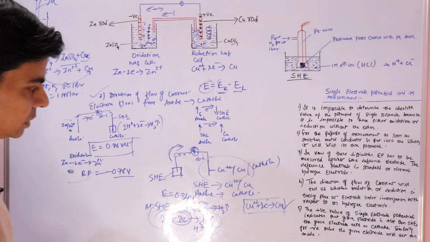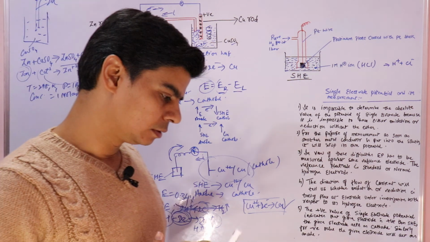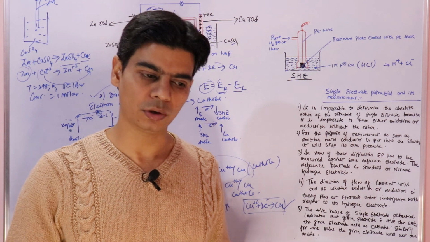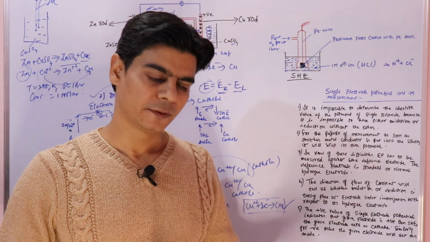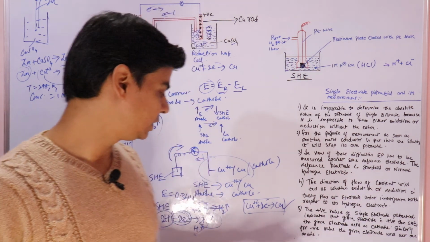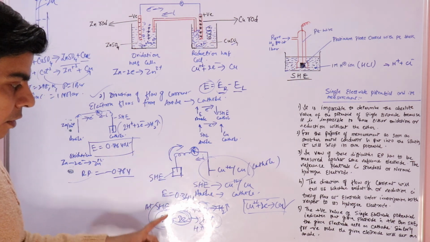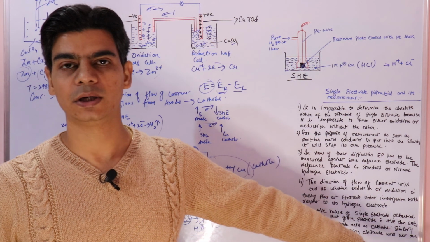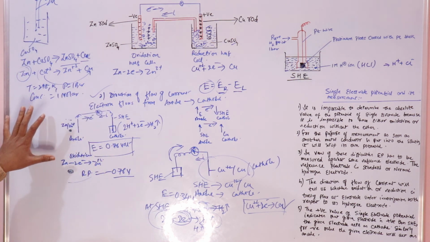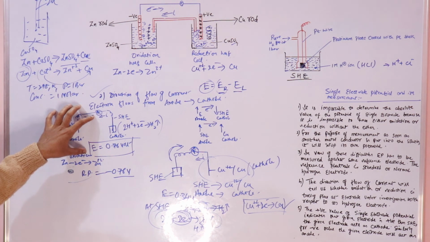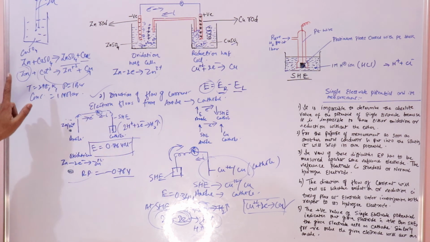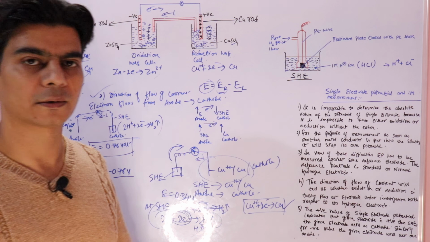So what we are basically doing is we are calculating the electrode potential of the other electrode or any electrode with reference to standard hydrogen electrode, right? So these electrode potentials are with reference to standard hydrogen electrode, and the conditions of the other electrode are also standard conditions, that is 1 molar concentration, temperature 298 and pressure 1 bar, right?